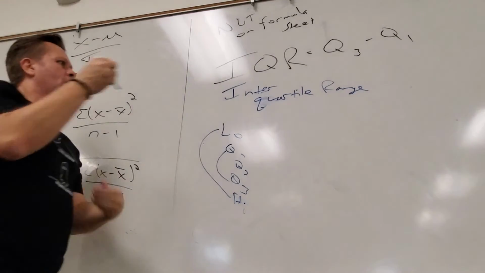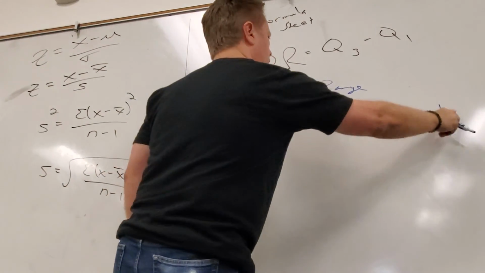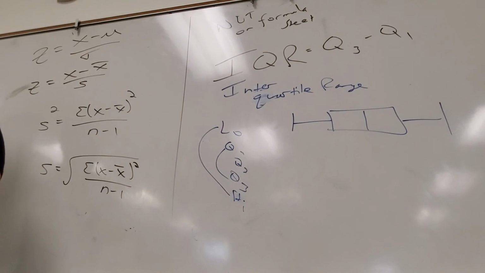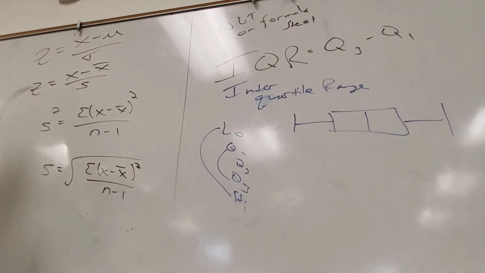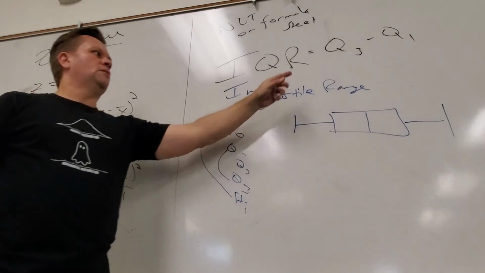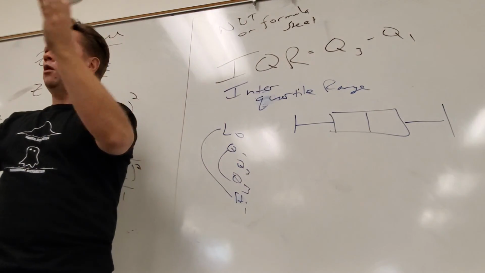And I did point out, where is the interquartile range on this picture? Where is it? In the box. And what percentage is in the box? 50%. That's why the IQR is sort of important. They want to know the range that tells me where 50% is. So if I said the middle 50% of SAT scores are from this to this, that's the IQR.